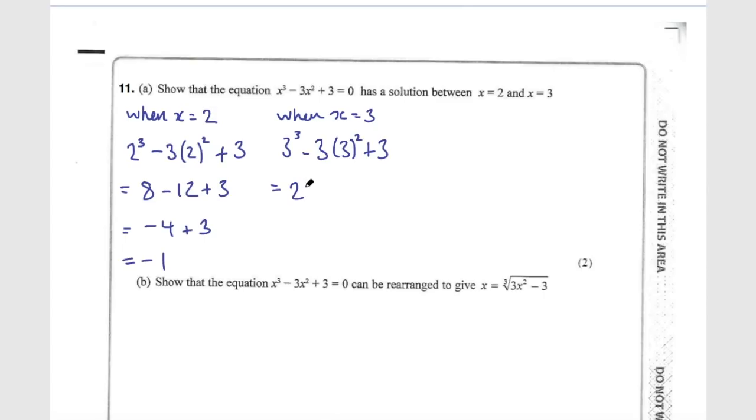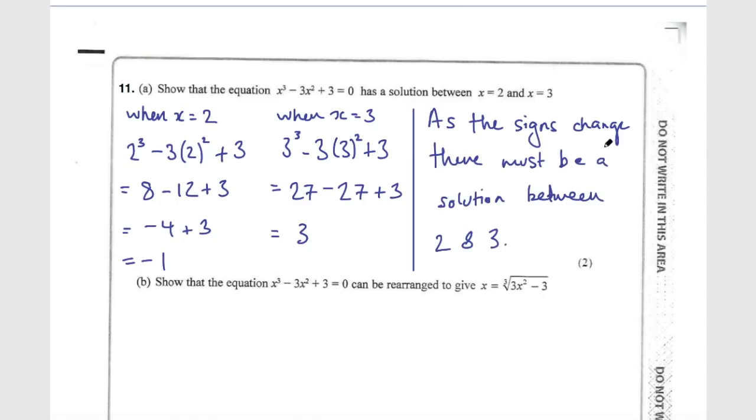So 3 cubed, that's 27. 3 times 3 squared, that's minus 27 plus 3. 27 take 27 is 0, so we just end up with 3 there. So you can see that when x equals 2, we get a negative value, and when x equals 3, we get a positive value. So we can say as the signs change, there must be a solution between 2 and 3.